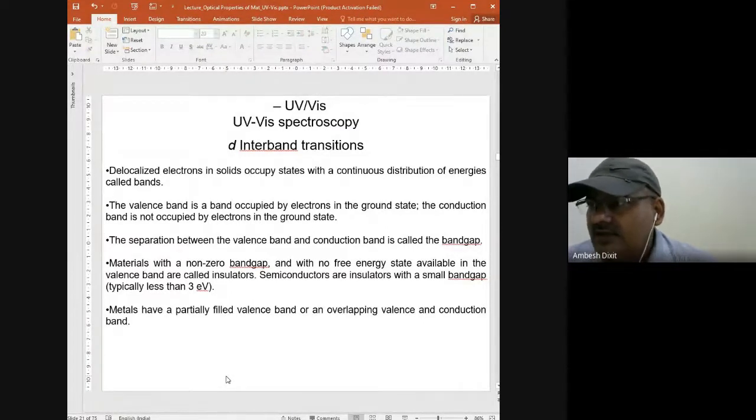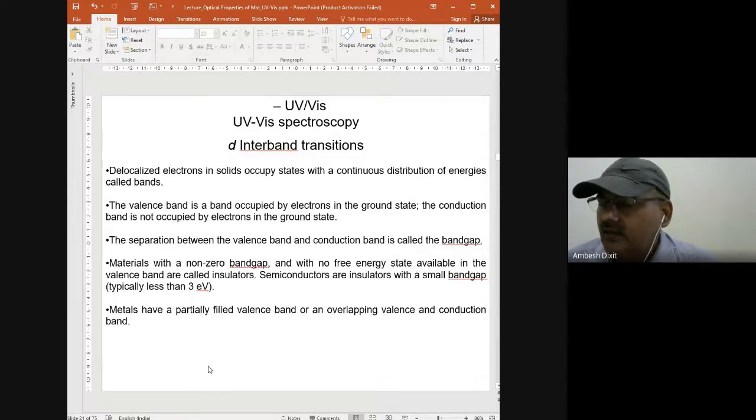You have seen that metals are where we don't see the bands, where the conduction band has no gap. But metals have a band gap, and we will see how the band gap is there. But why then do they conduct electricity? We will see that.